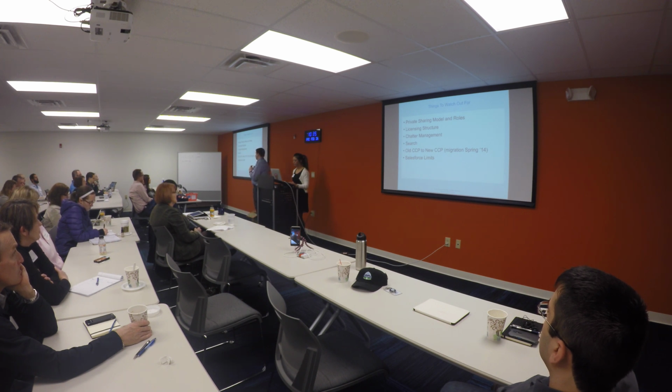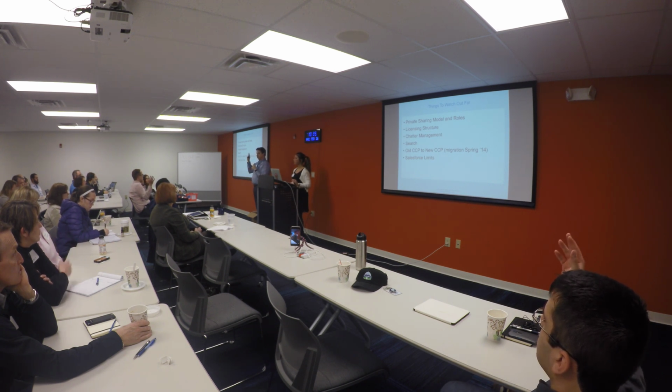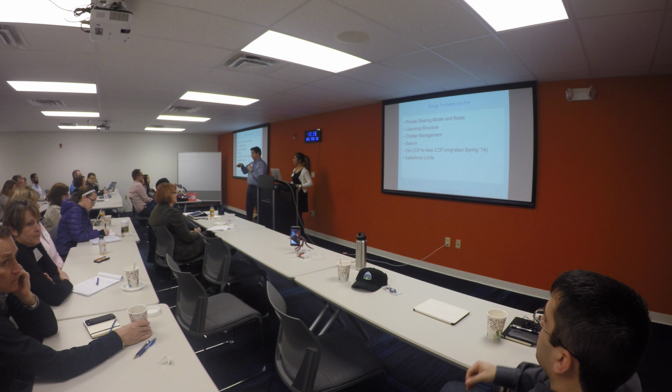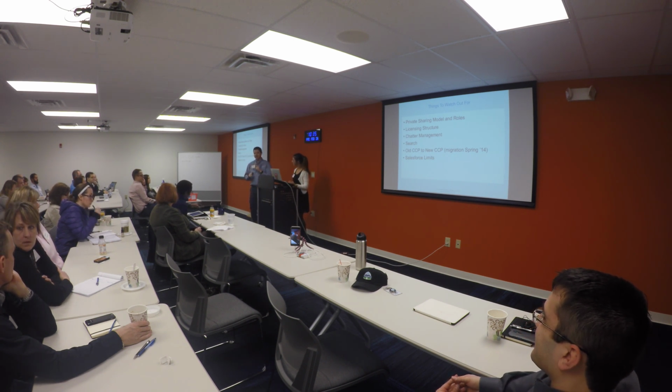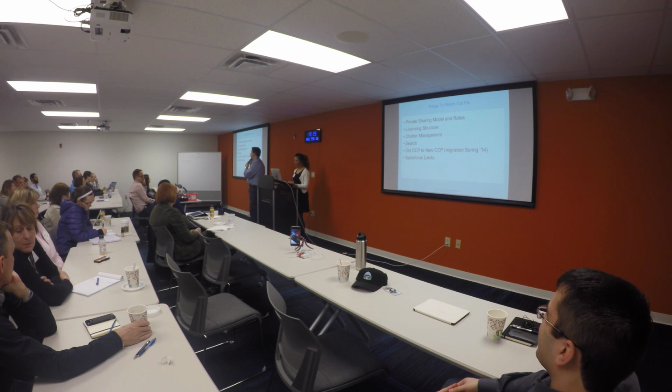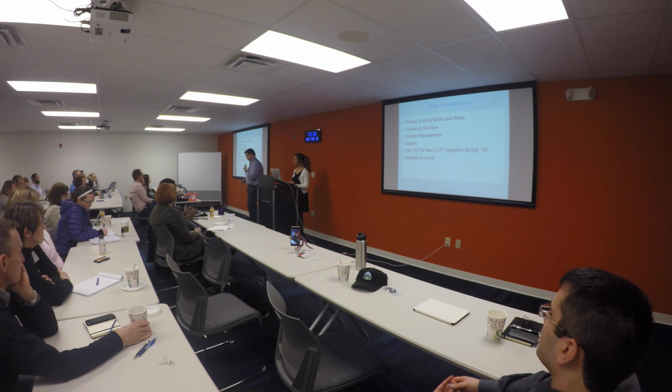The first one, and this is pretty big: how many people here have a true private sharing model in their org? Everything's private. Just two. So this goes for you too. When you enable a community, depending on how your role hierarchy is, it will break your security.